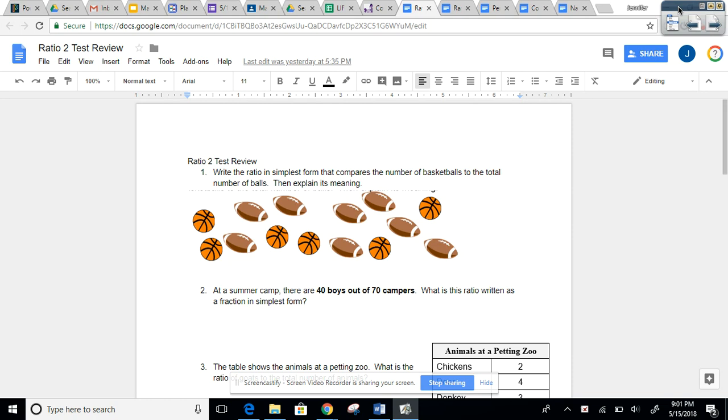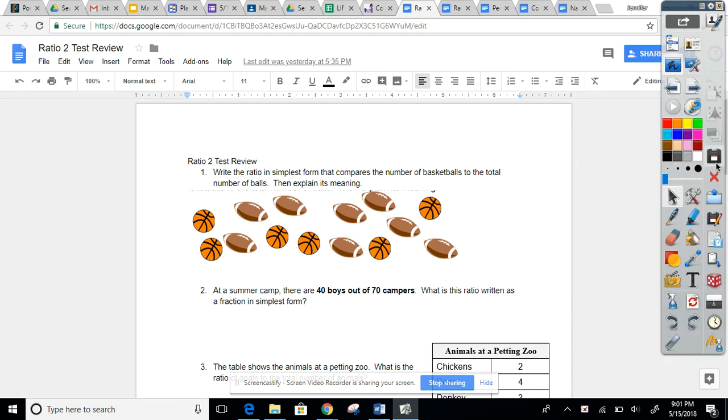It says write the ratio in simplest form that compares the number of basketballs to the total number of balls. This one's very straightforward. It's basically saying find the number of basketballs, which are 6, then find the total. And we know that total means to add.